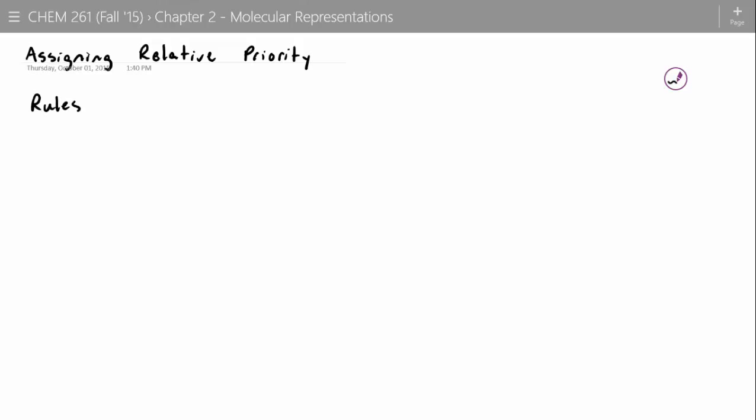And let's make a list of rules for assigning priority. Let's rephrase this. Rules for the important of resonance structures.